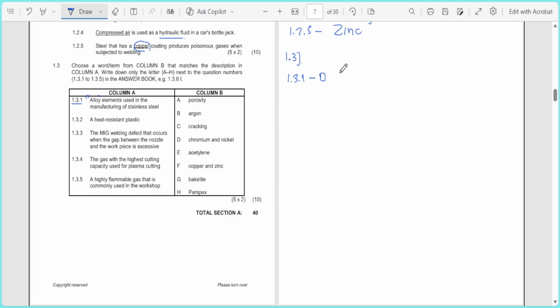And then nickel, on the other side, is one tough metal. It adds toughness or ductility and also enhances corrosion resistance.